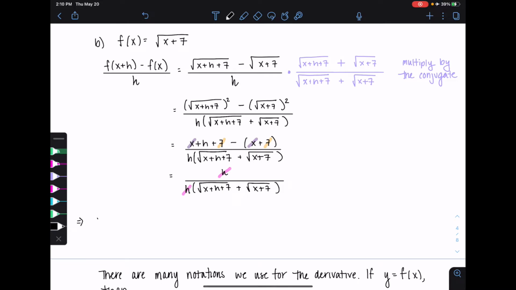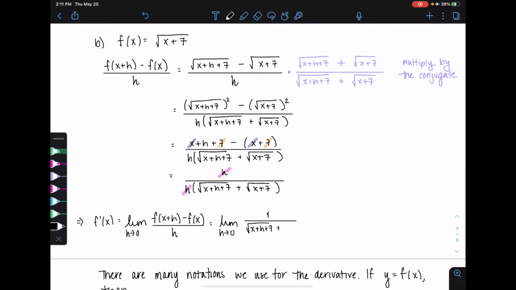This tells me my derivative is the limit as h approaches 0 of this difference quotient. Which we have already simplified. So I'm left with 1 and then these square root expressions in the bottom. Okay.